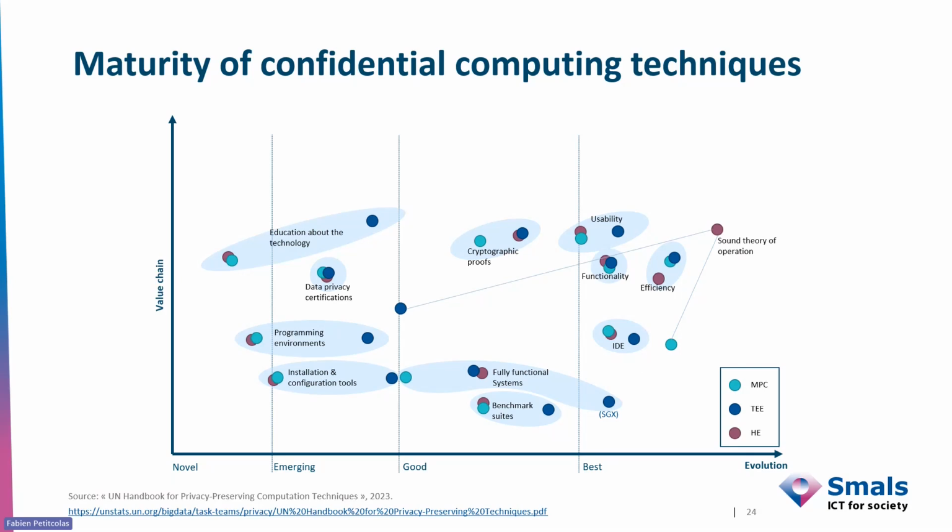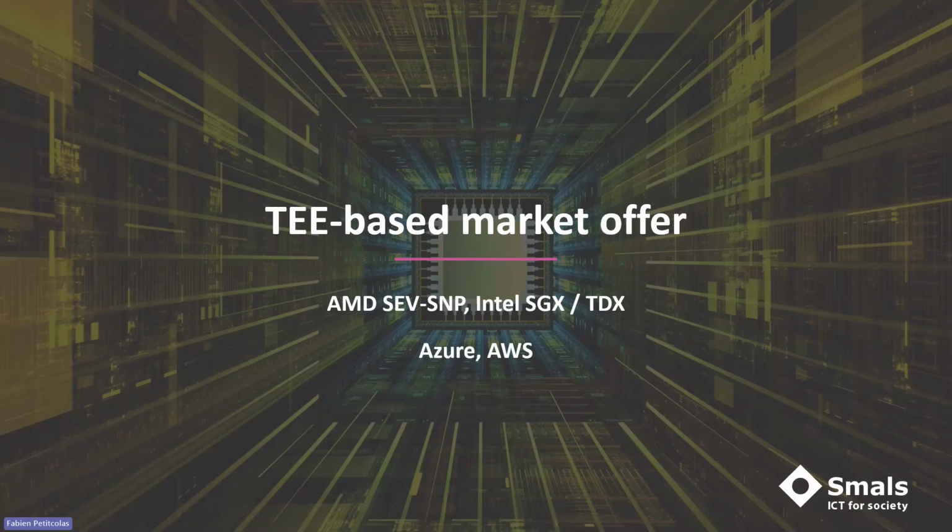And this probably explains, well, maybe that's the chicken and egg problem, why we see the TEE widely deployed by current infrastructure providers. So let's look at the market offer now for these trusted execution environments.